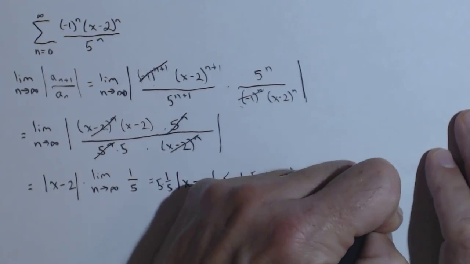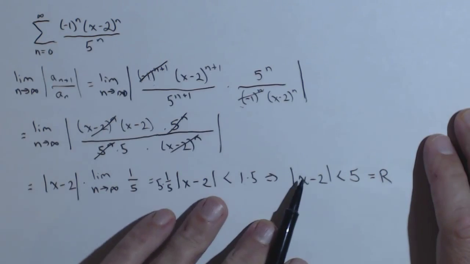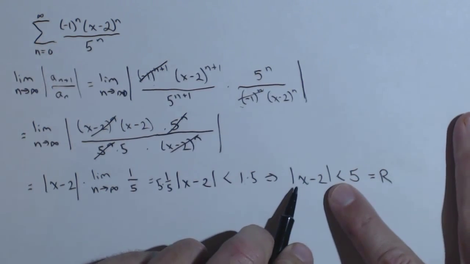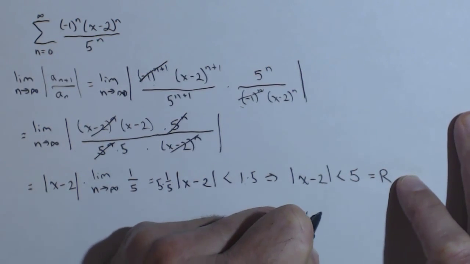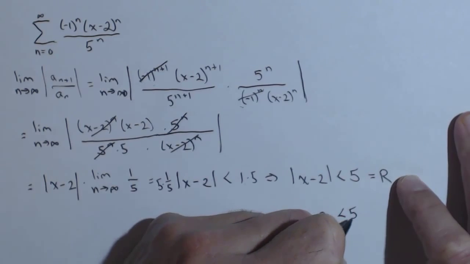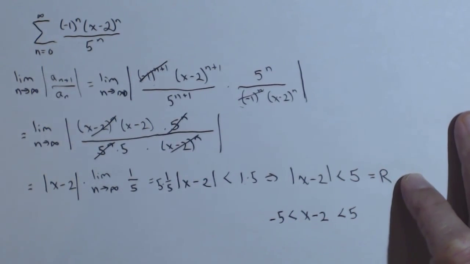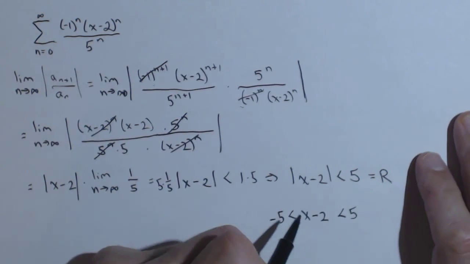So right there we do have our radius of convergence, but we're going all the way for the interval of convergence. Well, we can do this very quickly by saying, okay, if the absolute value of x minus 2 has to be less than 5, that translates into x minus 2 must be less than 5, but also greater than negative 5. Negative 4, for instance, the absolute value is less than 5.